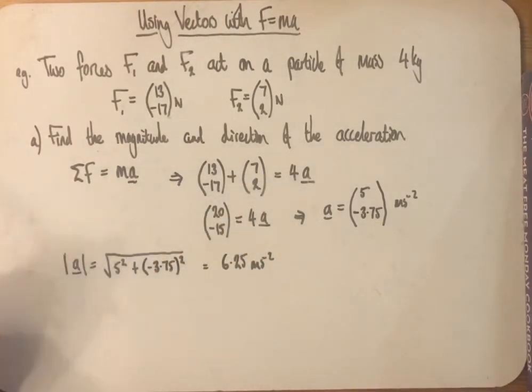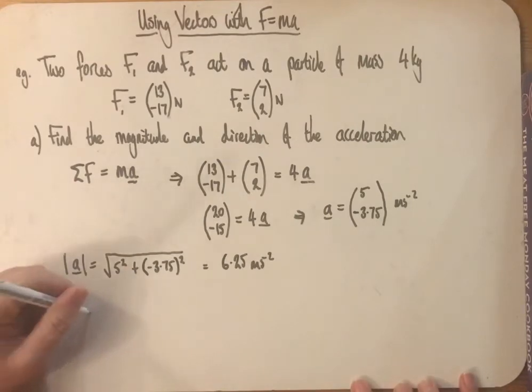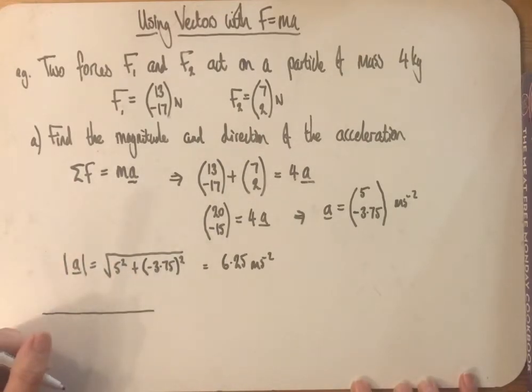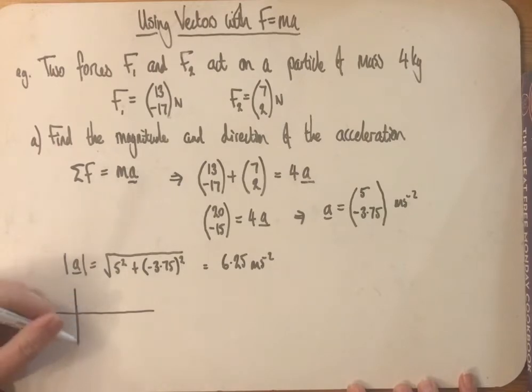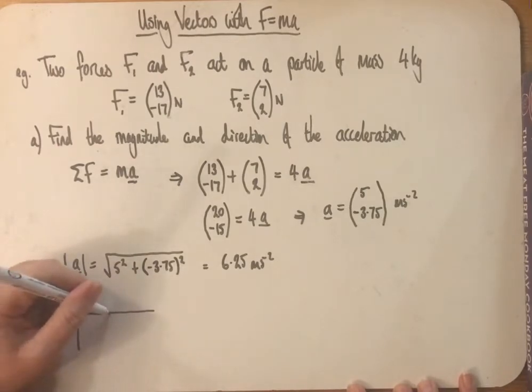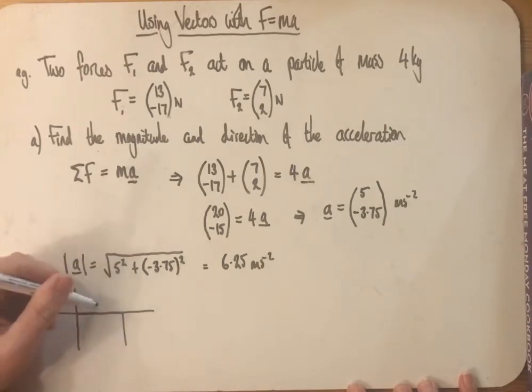And then to find the direction, I would draw a diagram. So we're going across 5 and down 3.75.